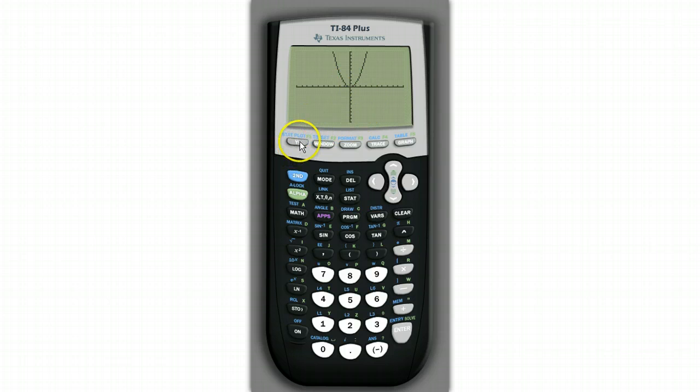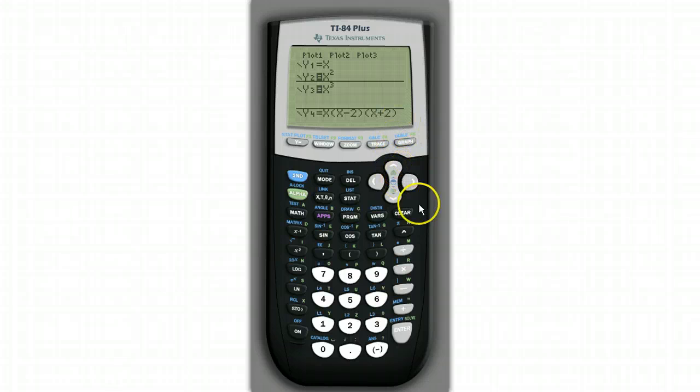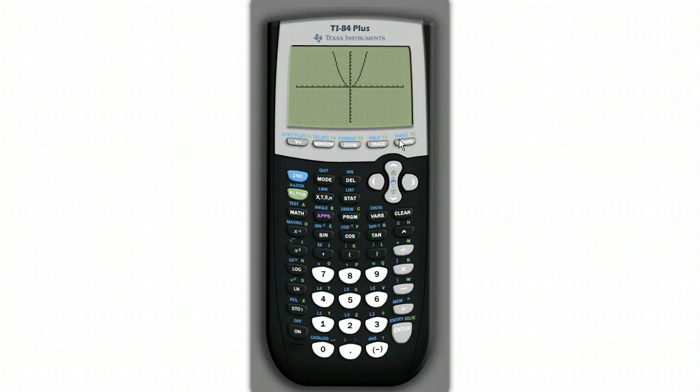Let's look at another situation. What happens now when we graph y equals x cubed?